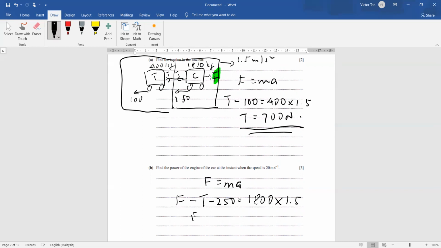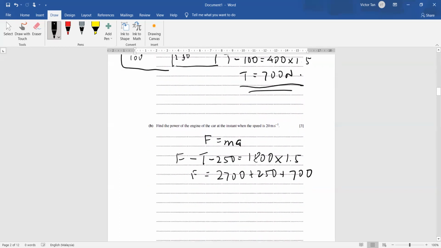So F is 2,700 plus 250 plus the tension, which is 700. And you have the thrust of the car as 3,650 Newton.